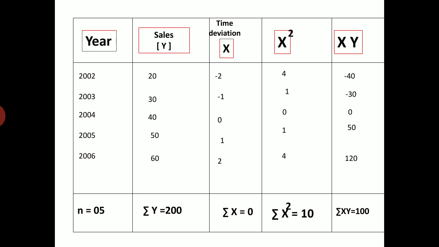Summation x equals 0: minus 2 minus 1 is minus 3, 1 plus 2 is 3, so the total is 0.